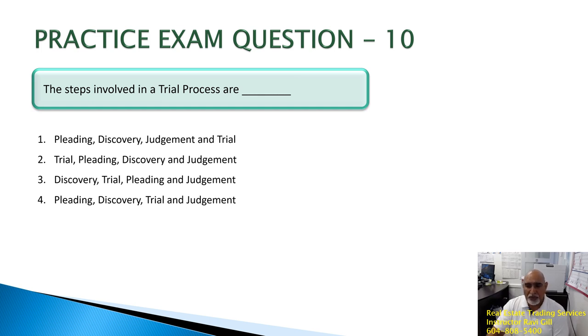And what do we know about the last one? Last one is judgment. So here's pleading, here's judgment, discovery and trial. Yes, this is the right order, number 4. So here we could see, we know action isn't part of the trial. Okay, so the trial is pleading, discovery, trial, and then the judgment.